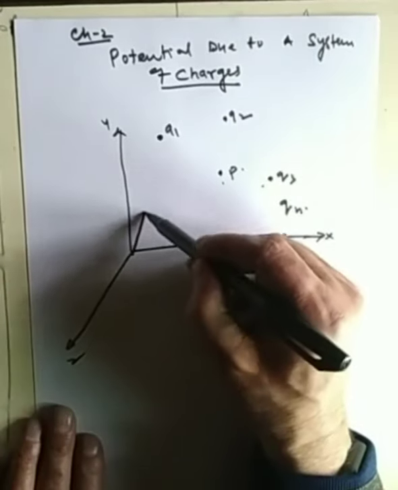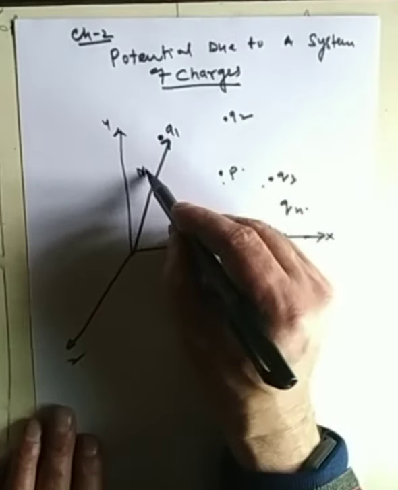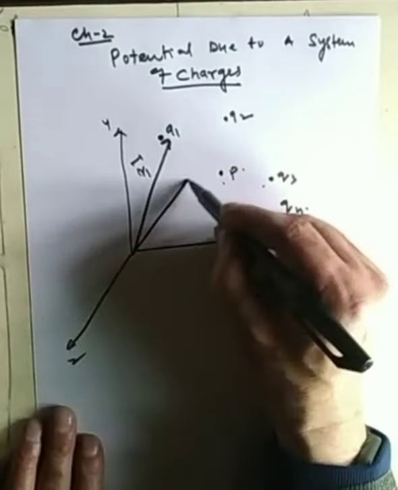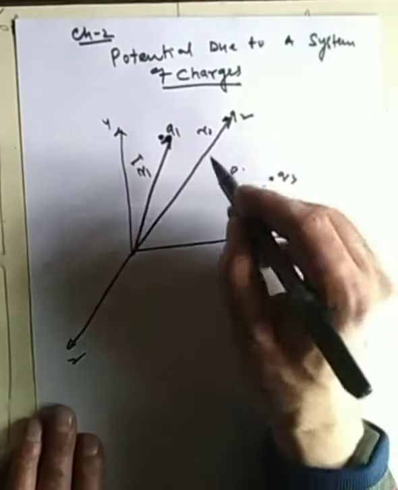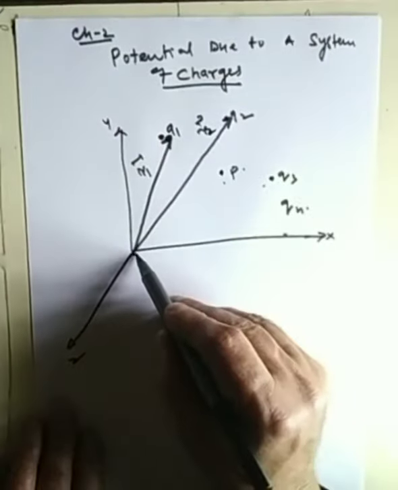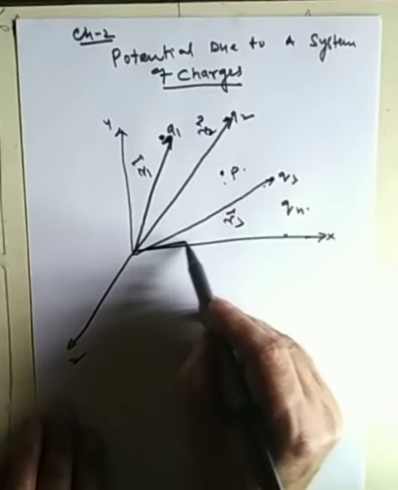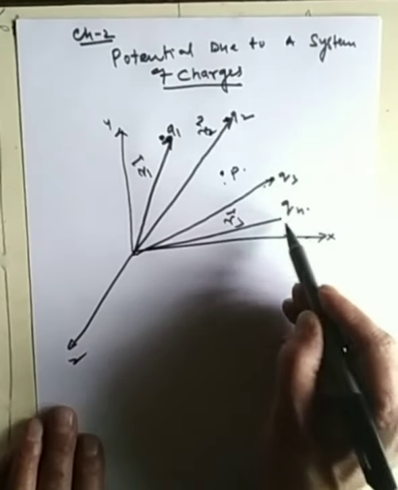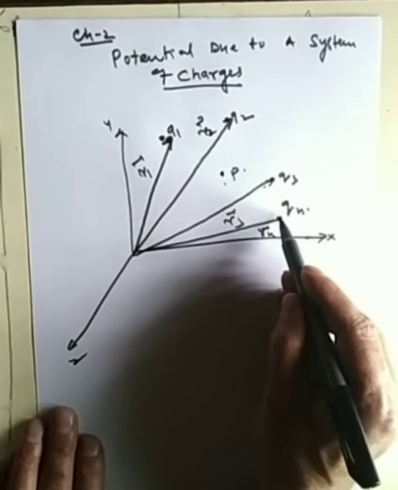Now this Q1 has a position vector R1, this Q2 has a position vector R2, this Q3 has a position vector R3, and this Qn, let us say it is here, has a position vector Rn. ठीक है?